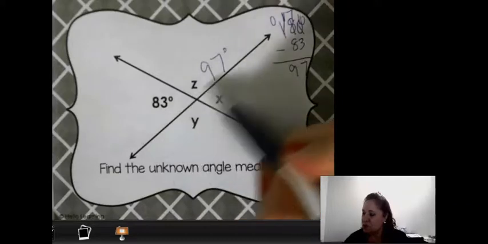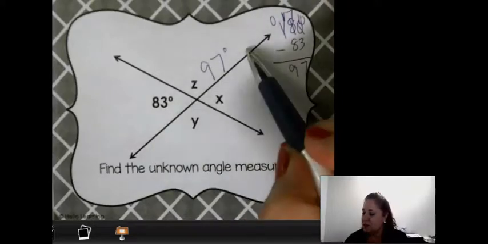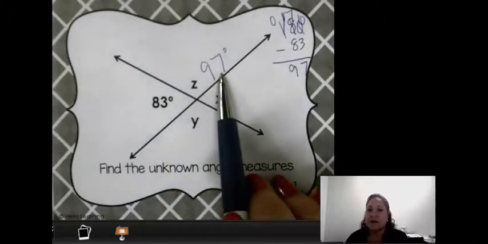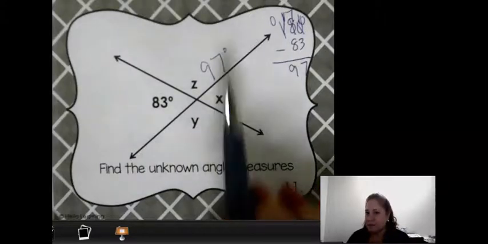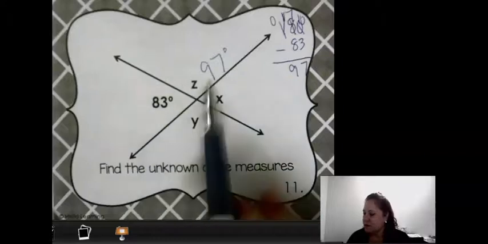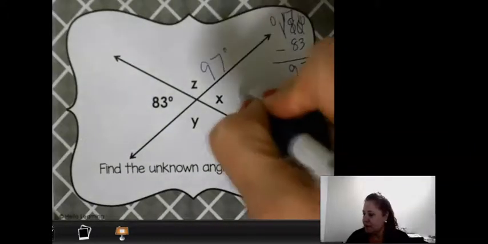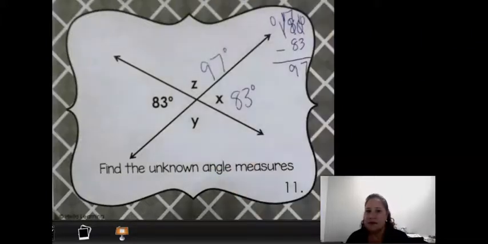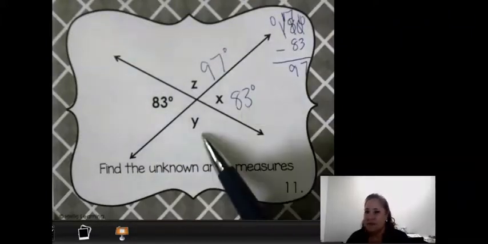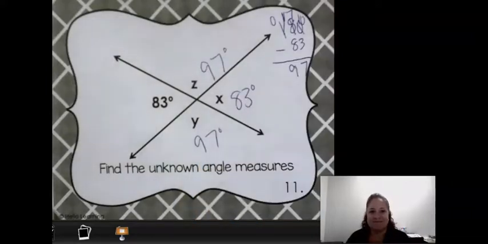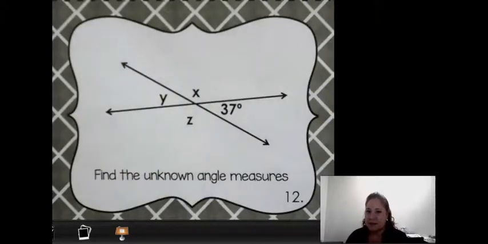For this 180 degree straight angle, we have a 97 degree supplementary angle. Okay, so that means x must be what? Right, 83 degrees, and so therefore y must be, good, 97 degrees. Awesome! You guys got this.